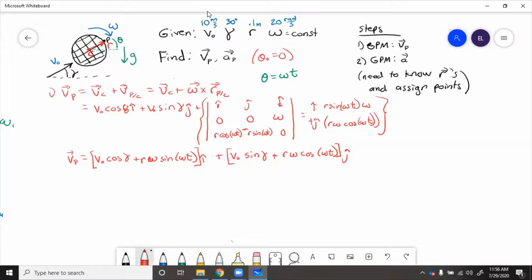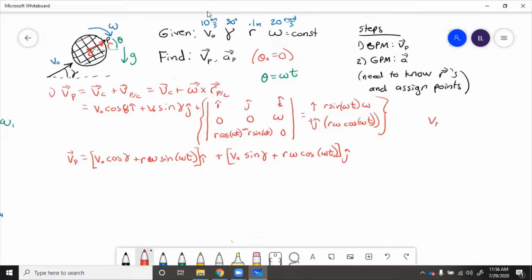But actually, since this is changing with time, V is not always going to be V initial, and gamma is not always going to stay the same. So really, this part, we'll have to use those projectile motion formulas.